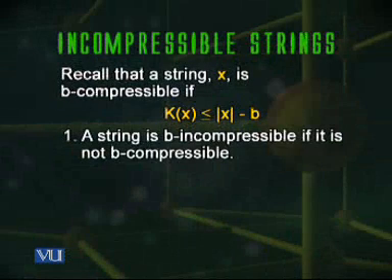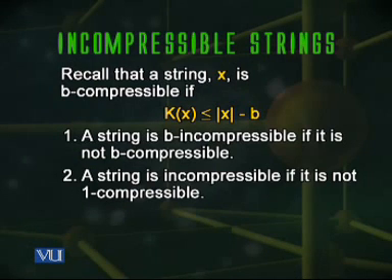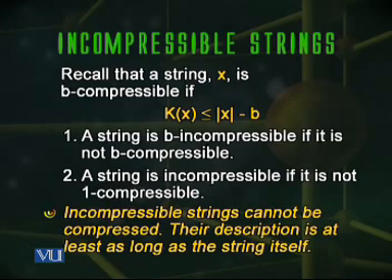So a string is b-compressible if its description is at least b bits shorter than the string itself. A string is b-incompressible if it is not b-compressible. And a string is called incompressible if it is not one-compressible. Incompressible strings cannot be compressed. Their description is at least as long as the string itself. So that's the notion of incompressible strings.